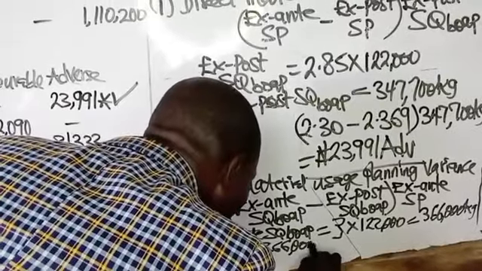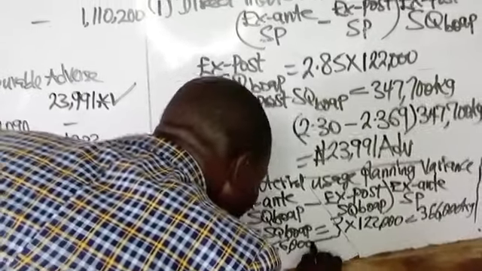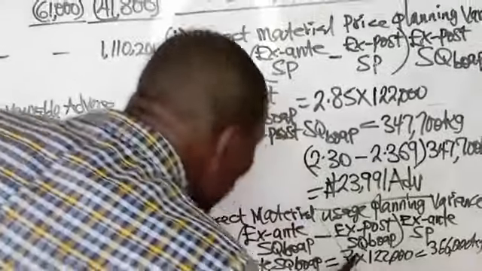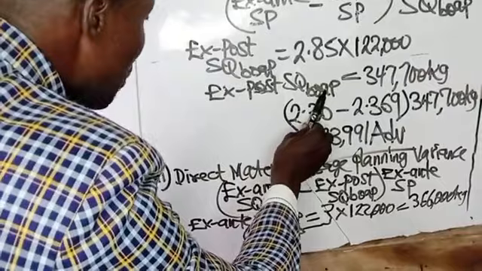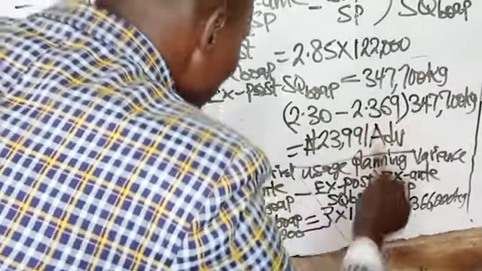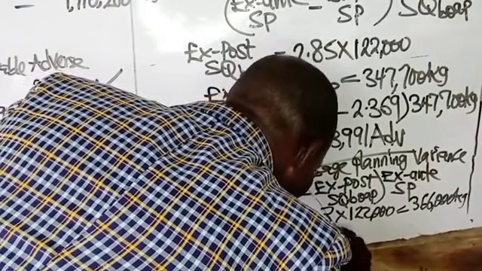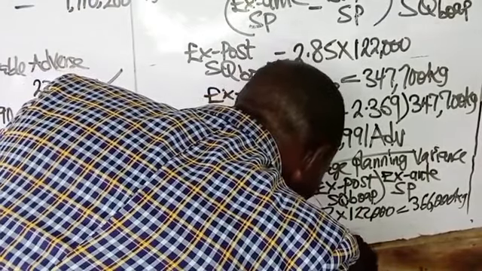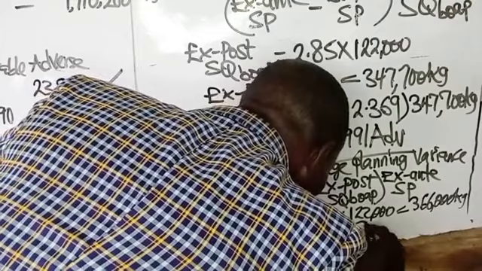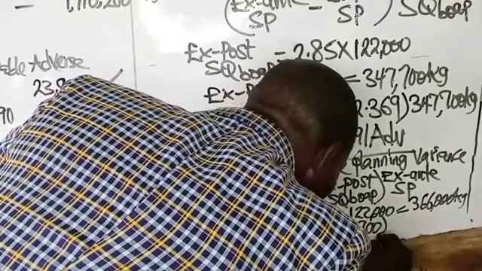So ex ante standard quantity is 366,000 minus ex post standard quantity based on actual production, that is 347,700, multiplied by ex ante standard price.